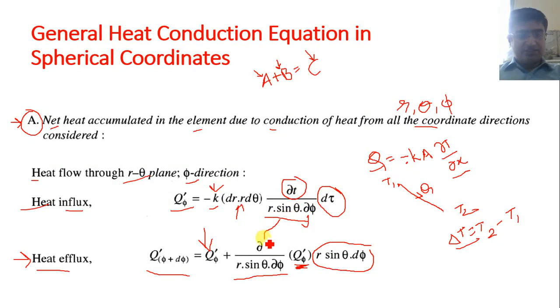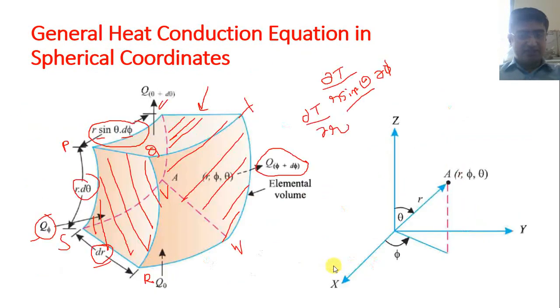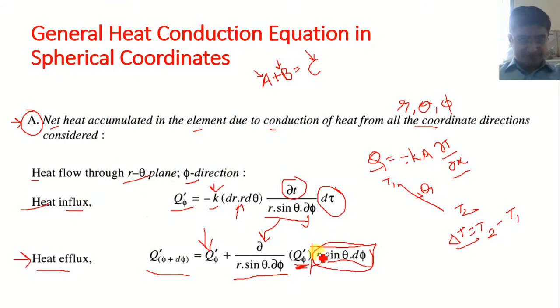Similarly, the rate of change of heat within this direction of r sine theta d phi is written as del q dash r sine theta del phi. And here we have to mention the thickness, because some amount of heat is flowing into this thickness of r sine theta into d phi, which is the thickness of the material in our required phi direction.